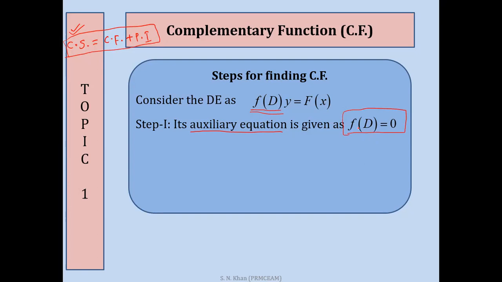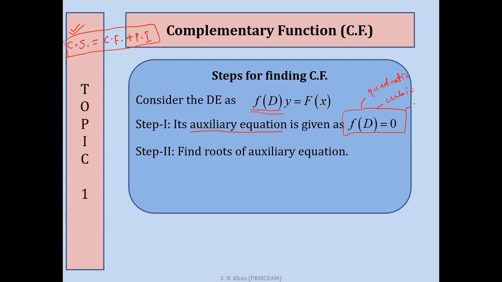Okay. Now, second step, we have to find the roots of the auxiliary equation. So this operator f of d equal to 0 sometimes will be in the form of a quadratic equation. Sometimes it will be in the form of a cubic equation.